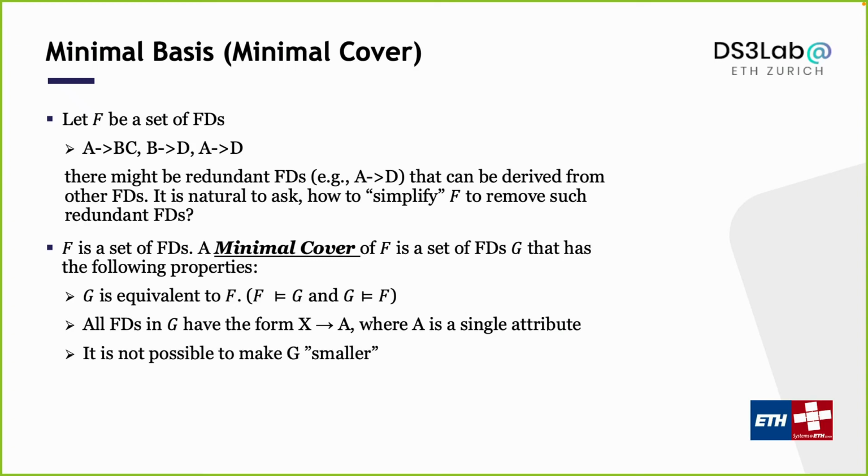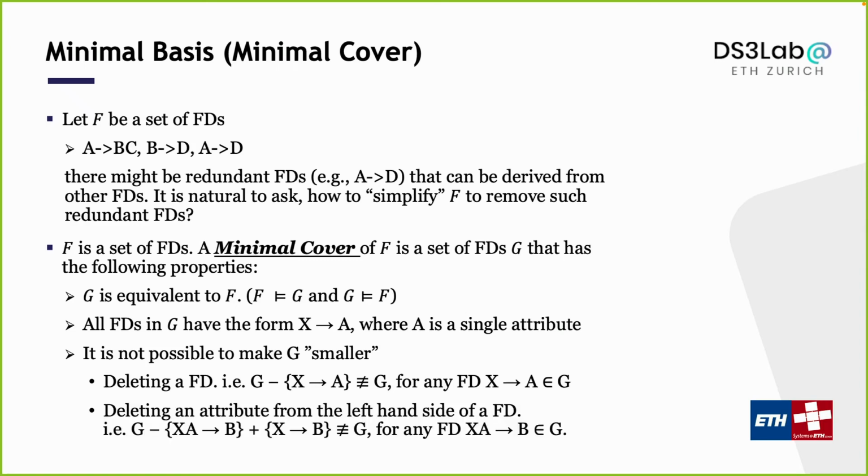And the third thing is it's not possible to make G smaller, meaning that if you remove any rule in G, it will not be equivalent to F anymore. Okay? So if you give me a set of functional dependencies F, the minimal cover of it, G, needs to satisfy these three actually very natural conditions. So G cannot be made smaller.